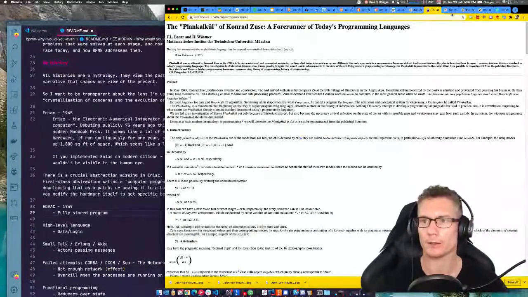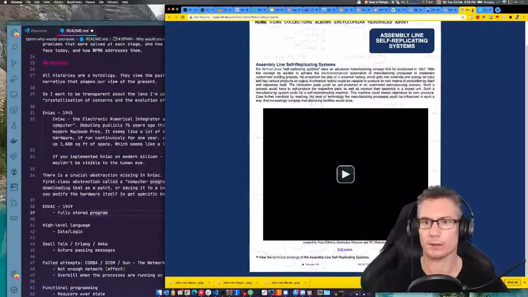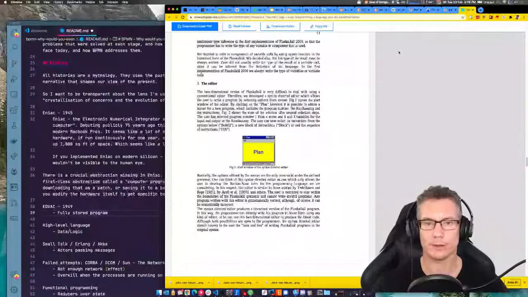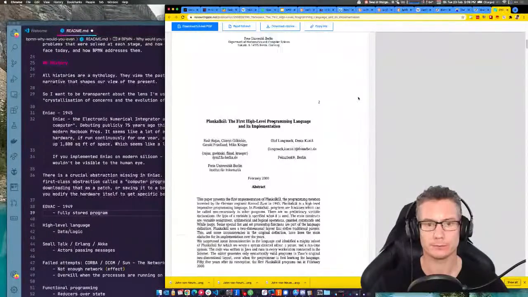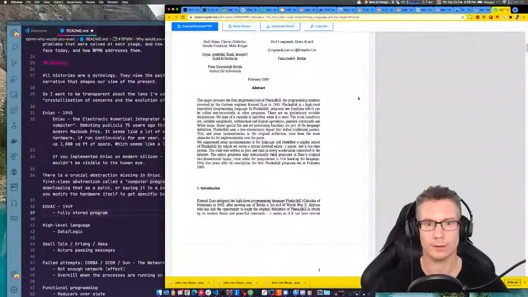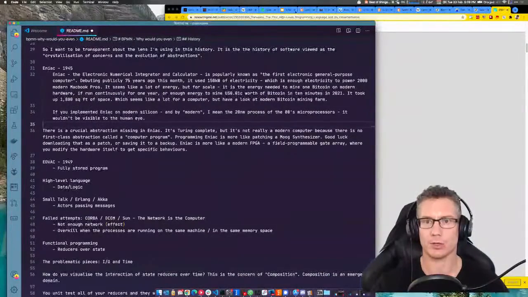What a pioneer. Okay, we can close that. Plankalkül, invented in 1945. But yeah, he had invented this computer in 1941, the Z3.